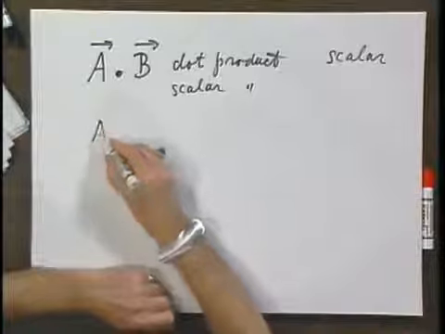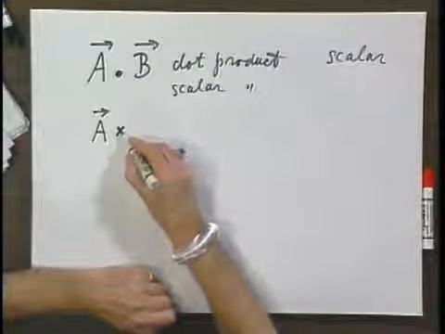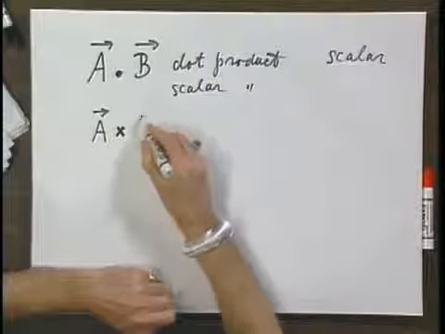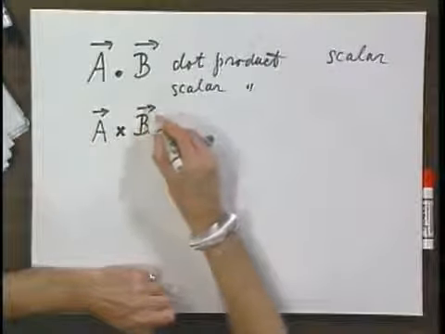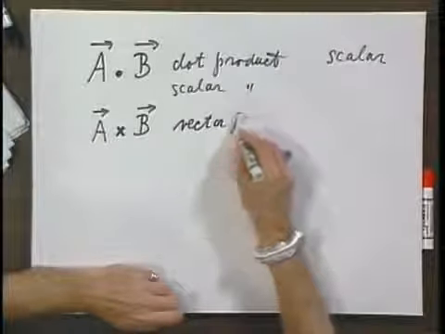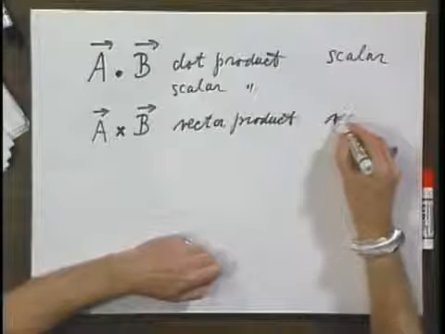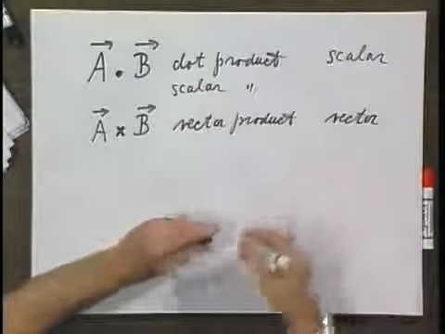And then we have a totally different way of multiplying vectors with a cross here, and we call it A cross B, and we call this the vector product. And no surprise, of course, this is a vector.